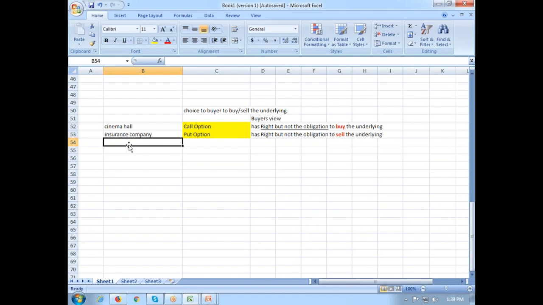So one is called squaring off, the other one is called exercising. When you sell your contract to someone, that means you are squaring off the contract. And when you enjoy the rights, that means you are exercising the contract.